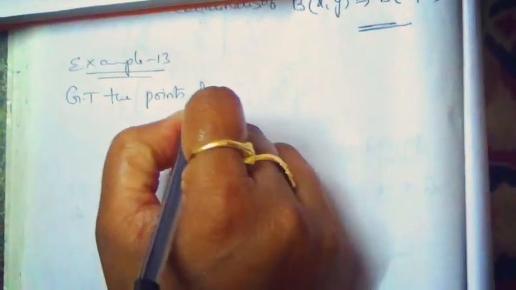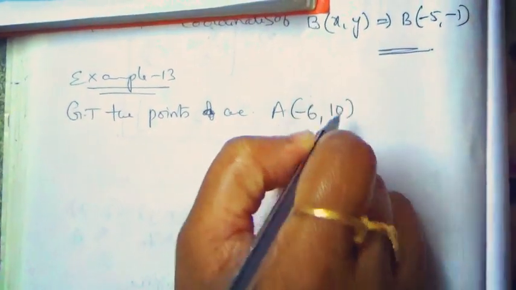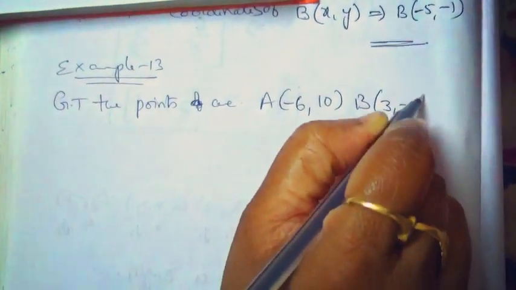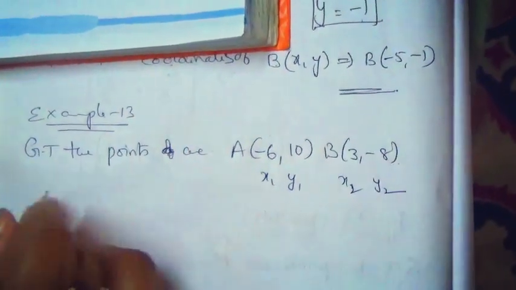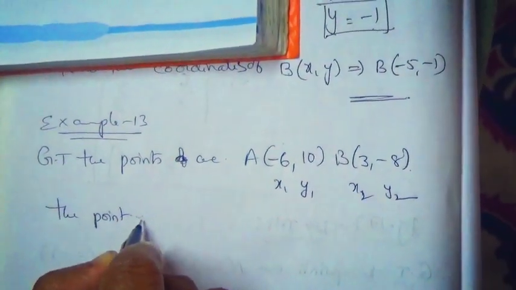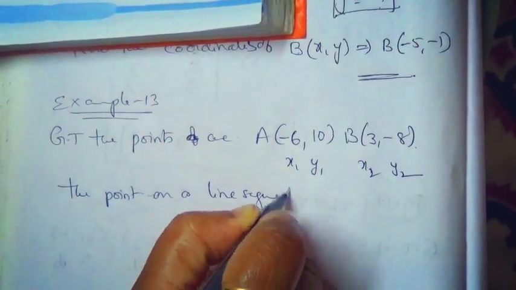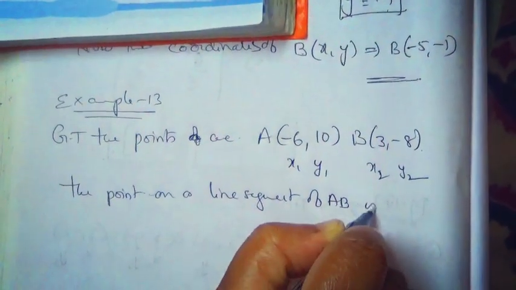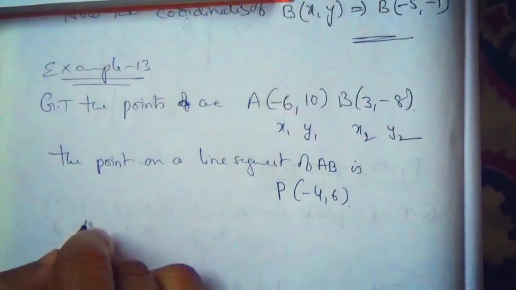So the solution for this: given that the points are A minus 6 comma 10, B 3 comma minus 8. Let us take these values as usual, x1 y1, x2 y2, and the point on the line segment AB is P of minus 4 comma 6, and we have to find out the ratio.